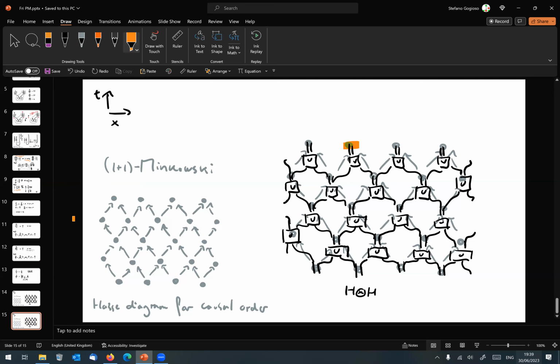You want to know what the state there is. And in order to know that, you have to look at its causal past. So you have to go down the lattice until you hit your initial slice. So for the sake of simplicity, let's say all the way down, but I could have picked a different initial slice. And you take its past. Its past causal cone is something like this.